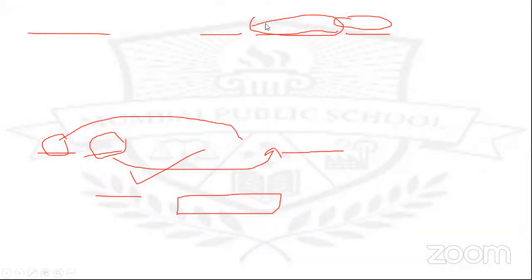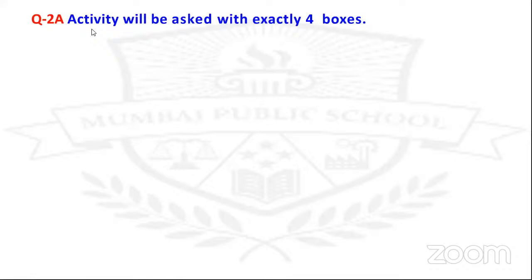So let's move ahead now. These were very simple questions. Now we'll move to question number 2A. Activity will be asked with exactly 4 boxes. Understand? Here, you're not expected to write all the steps, but we've got marks for that.